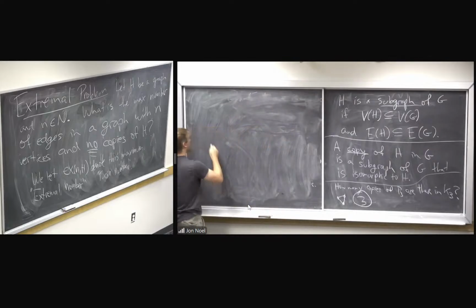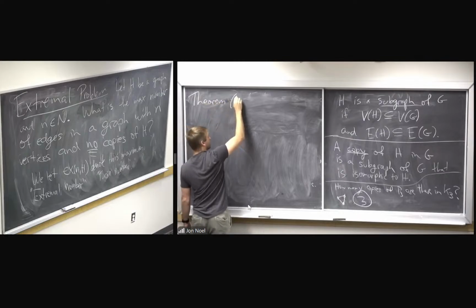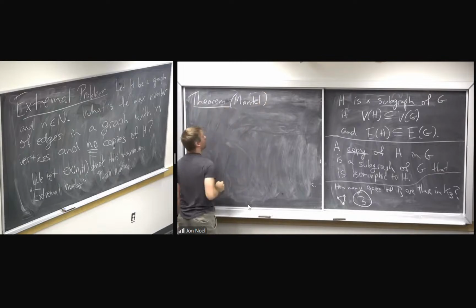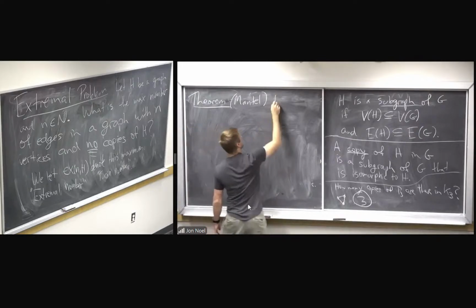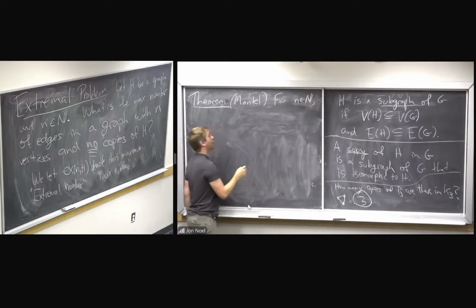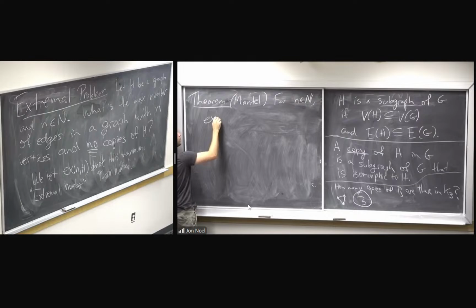So this is a theorem due to Mantel, or Mantel, I'm not sure, from a long time ago, 30s, 40s, I can't remember, which says that for any natural number n, the extremal number, I guess you can also call this the nth extremal number or something.